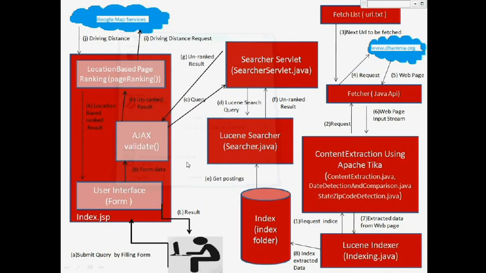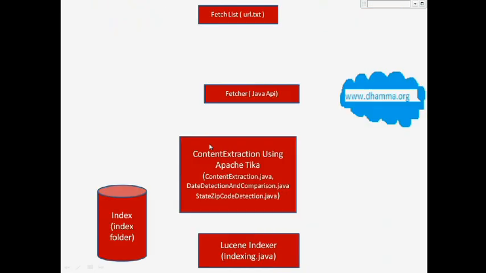So now let's discuss the indexing part. The Lucene indexer will request the content extraction for the indices or the data or the metadata from all the web pages in this domain, the thama.org.